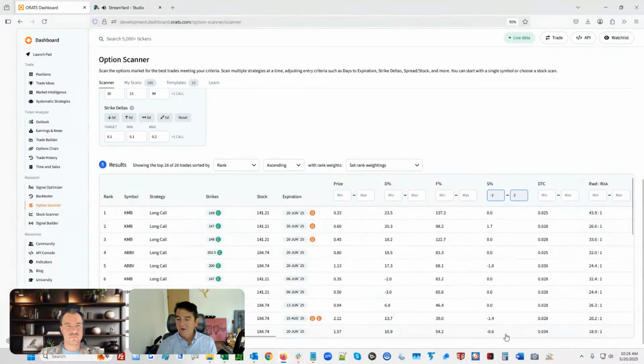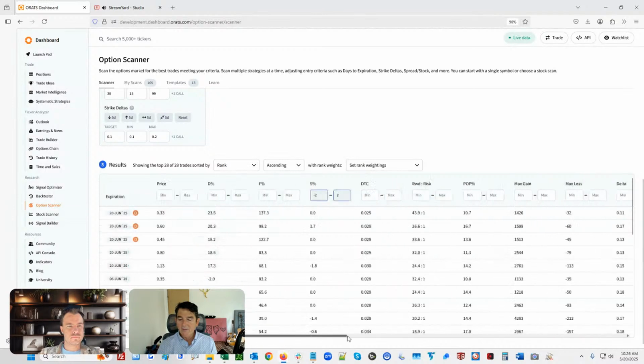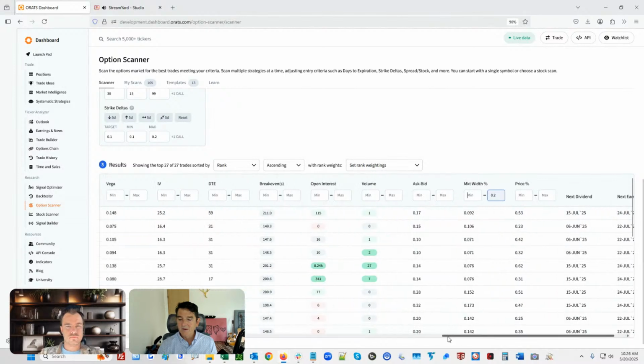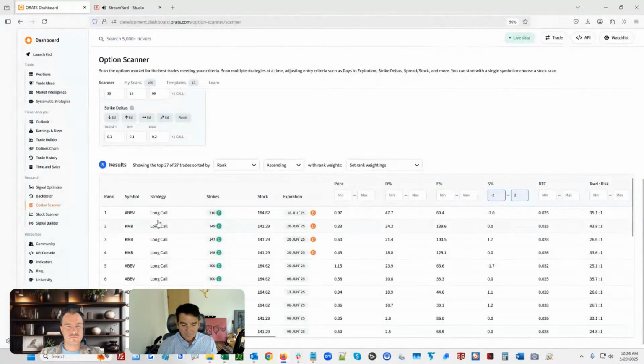So now what I've done, Tyler, is I've set a limit on how wide the market could be, like 0.2 of a volatility. And then also, on our S percentage. We talked about the S percentage. That's our smoothing. We want to be within 2% of our smooth value, right? Right.